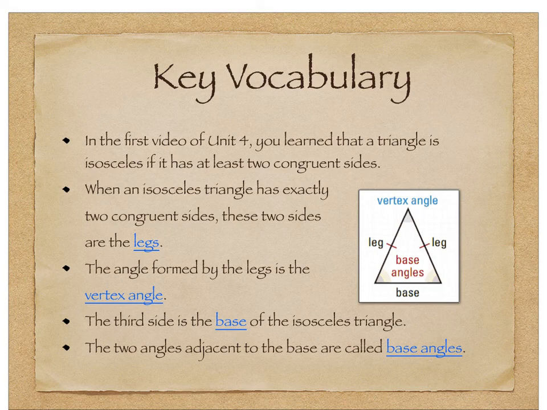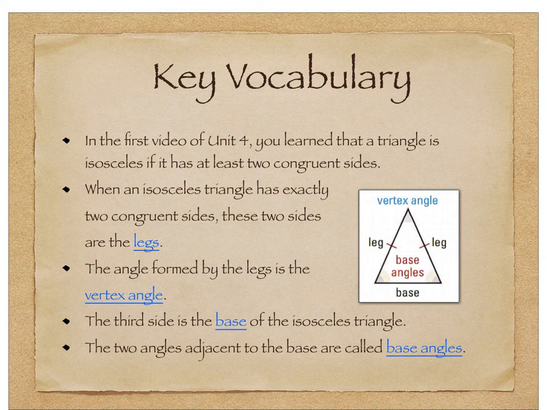That angle that they form is called the vertex angle. The third side, meaning the last side that's not congruent to the other two sides, is called the base. Normally you'll see the base put on the bottom, but that base can be rotated any which way. It could be on the top and the vertex angle could be at the bottom.